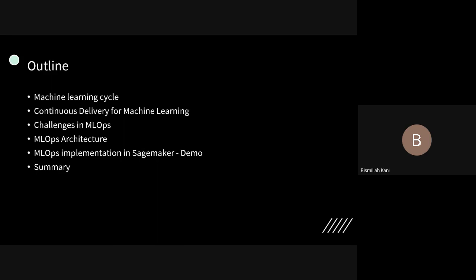We will look into the challenges in implementing end-to-end MLOps in a data science team, and the best practices and reference MLOps architectures for different types of data science teams. Finally, we'll see a hands-on demo on implementing an MLOps end-to-end pipeline using SageMaker, and conclude with the summary. So let's get started.